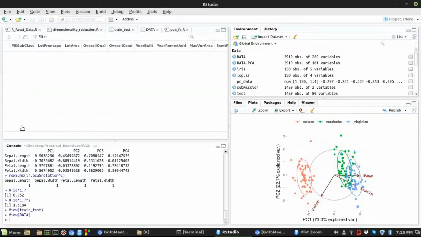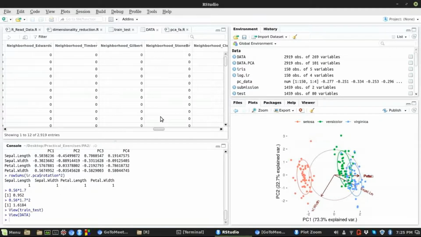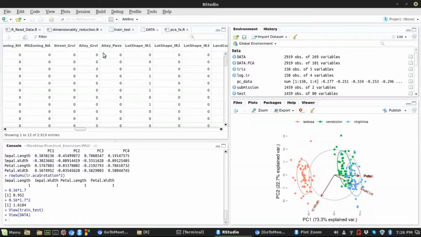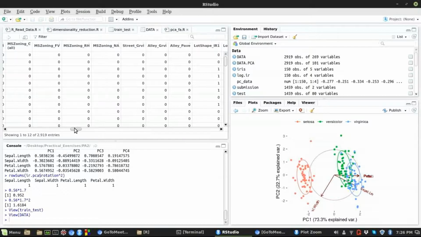Well, let's look at that. Oh, okay, Alley_NA has been dropped. So it will only have Gravel and Pave. Basically, that underscore NA has been dropped as the first dummy, because I said remove first dummy. But the thing is, you have a bunch of zeros here, which means Alley_NA should have a bunch of ones, right? Let's look at something else, say, where there are a lot of ones.